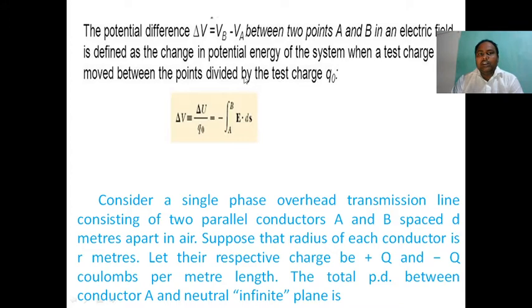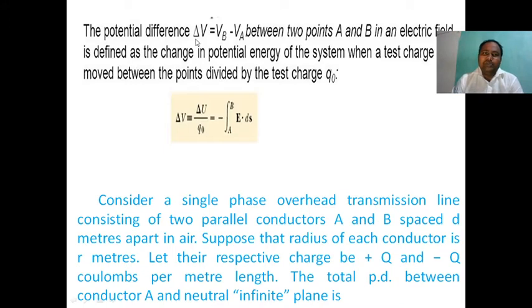So potential difference is nothing but the difference between two potentials. Here we consider points A and B. Sometimes we consider R1, R2, sometimes C and D. So any two points we consider.